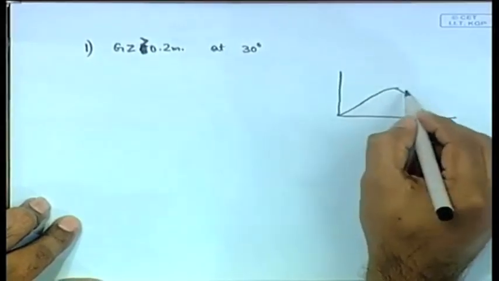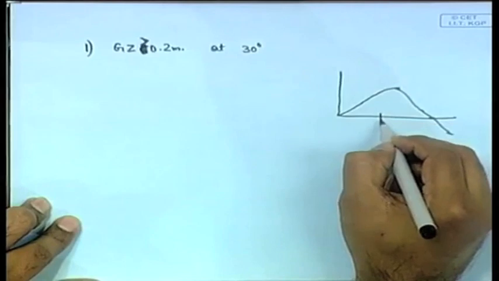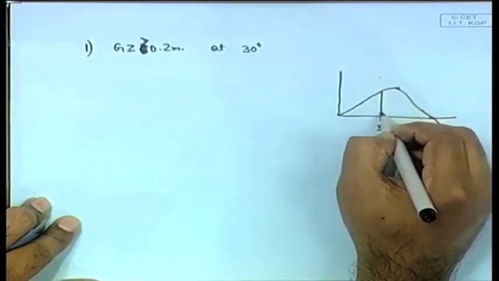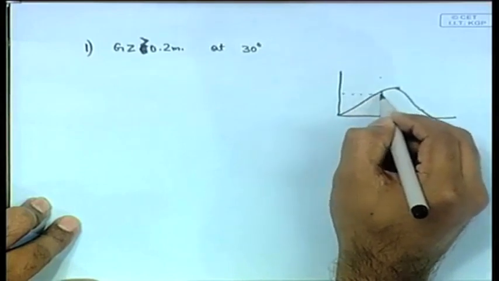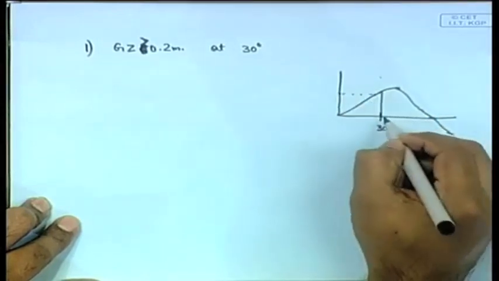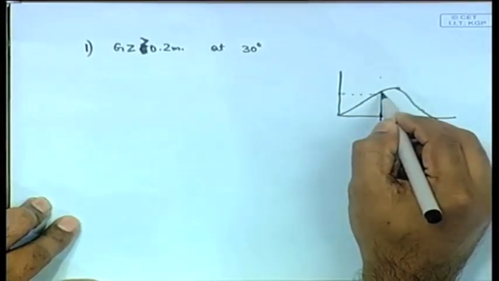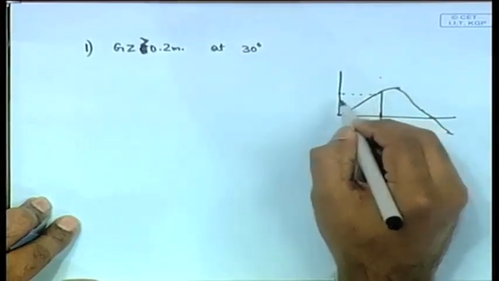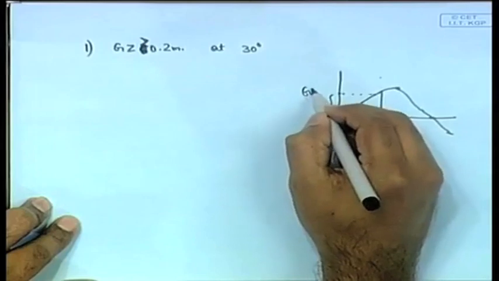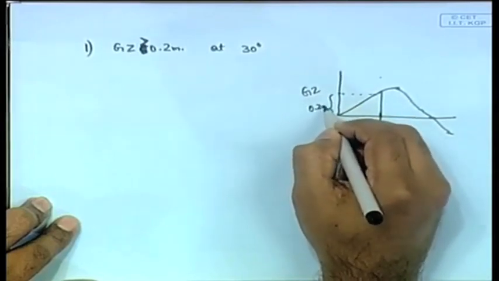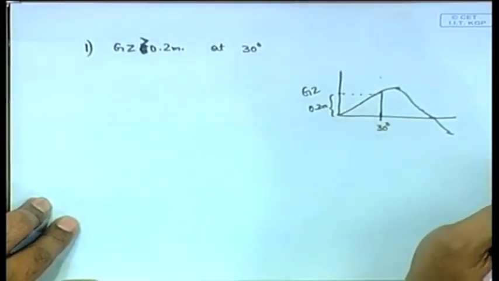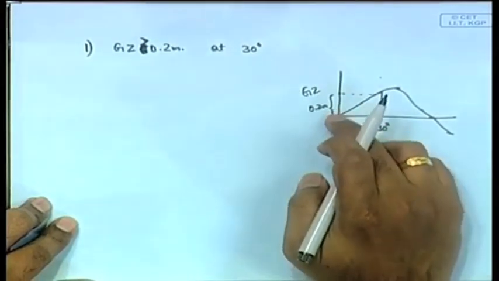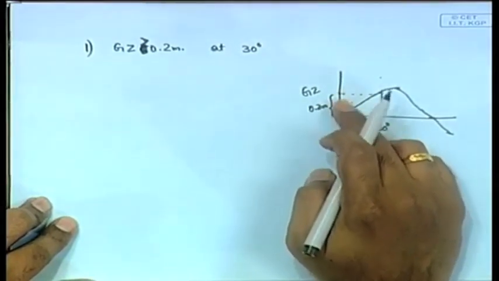So, it comes like this. Now, let us suppose this is 30 degrees. Whatever be the ship, at an angle of 30 degrees, the GZ should at least be 0.2 meters. This is a strong criterion for stability, that is, GZ should be greater than 0.2 meter.